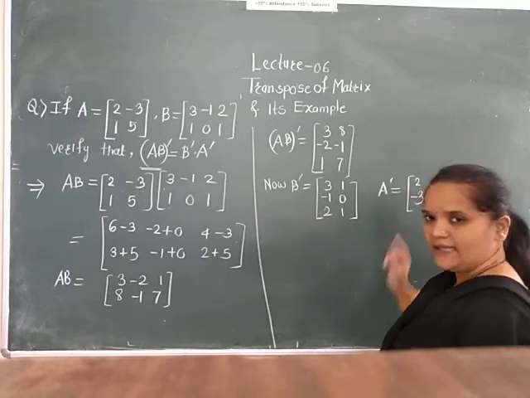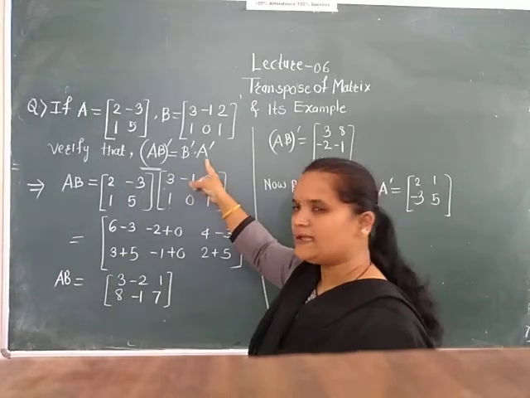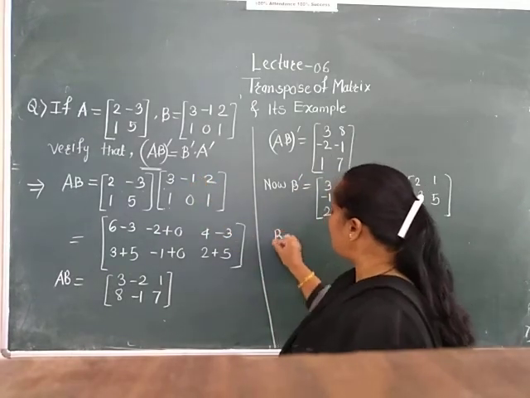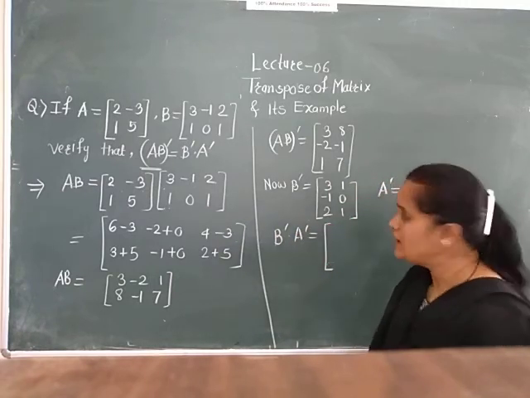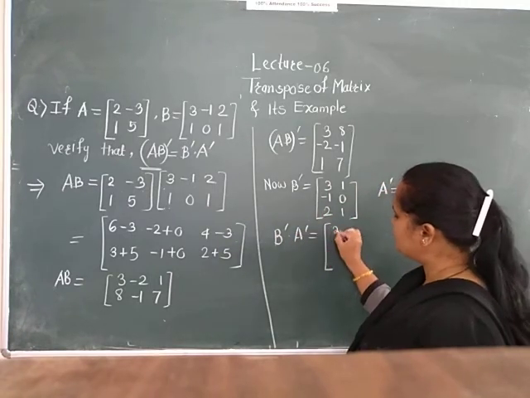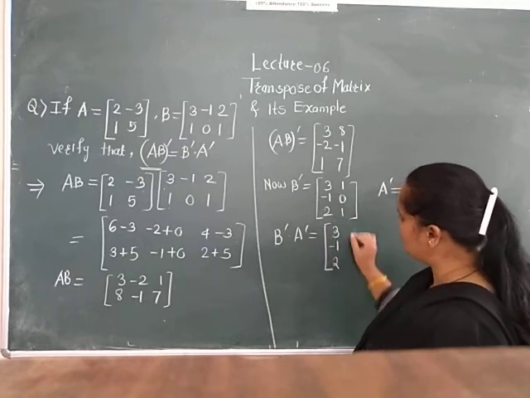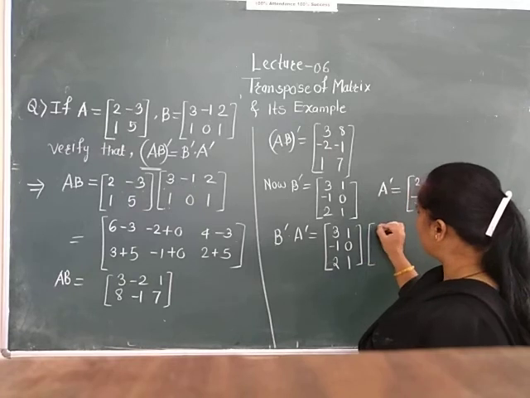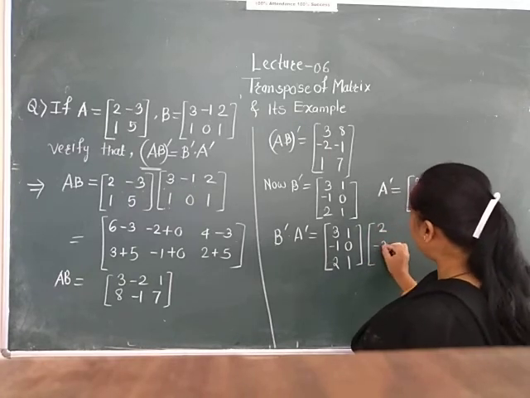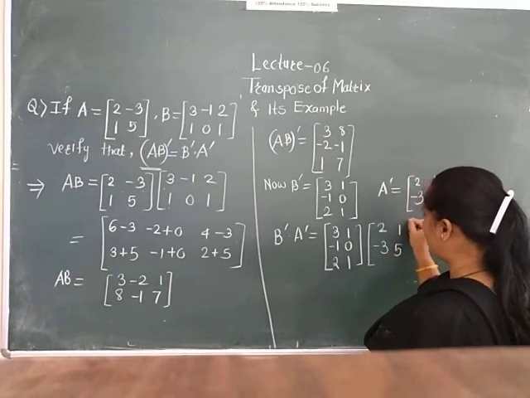B dash and A dash. So we have to take this multiplication. B dash into A dash is equal to. Write down B dash first of all, 3, minus 1, 2, 1, 0, 1. A dash is 2, minus 3, 1, 5.